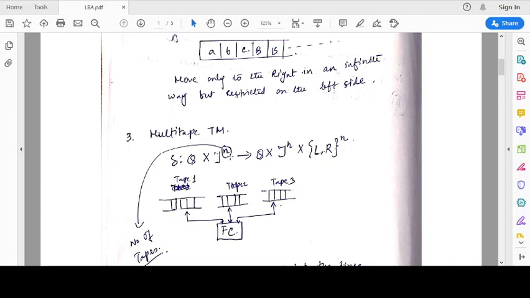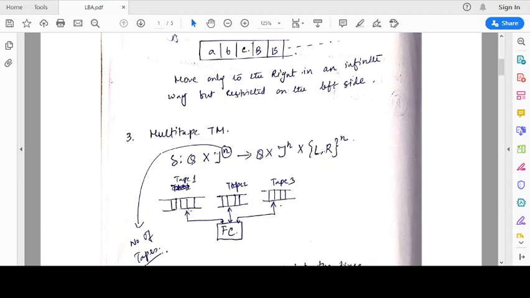That is, at a particular point of time, we will consider the state in which the Turing machine is and the tape symbol of all these tapes. That is why we are writing to the power n. And then the state transition will occur in such a way that the state will change, Q, tau to the power n.